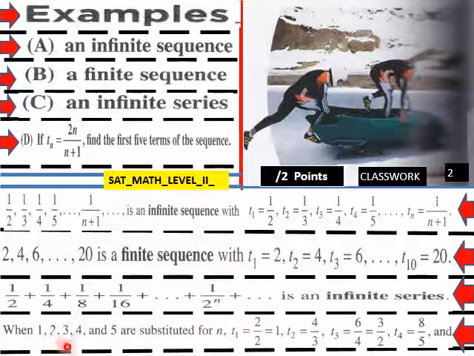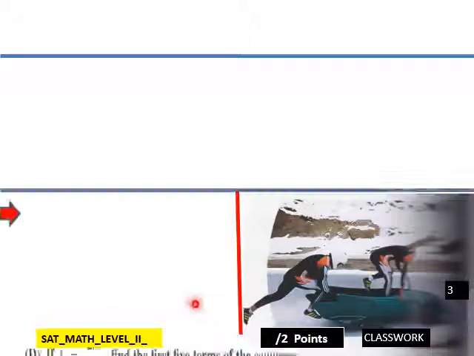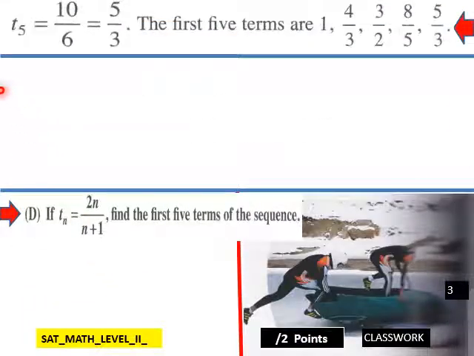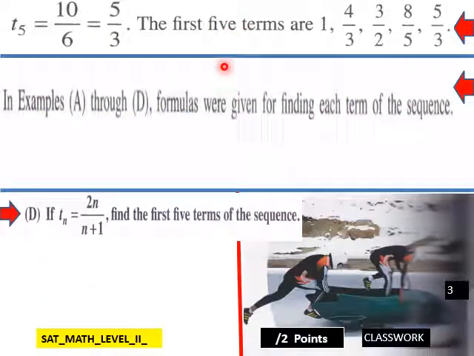When 1, 2, 3, 4, and 5 are substituted for n, we get term 1, term 2, term 3, term 4 equals 8 over 5, and term 5 equals 10 over 6, which equals 5 over 3. So the first 5 terms are 1, 4 over 3, 3 over 2, 8 over 5, and 5 over 3.